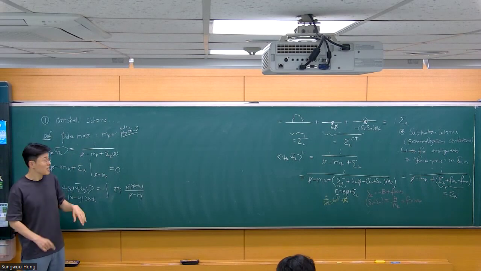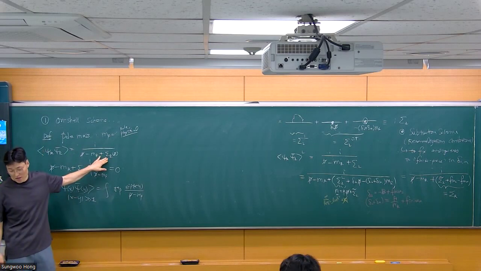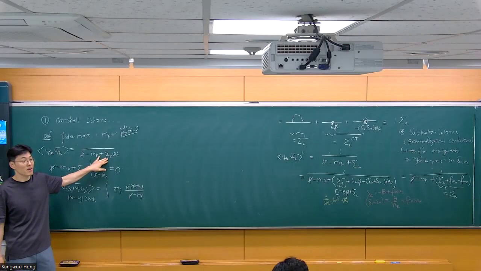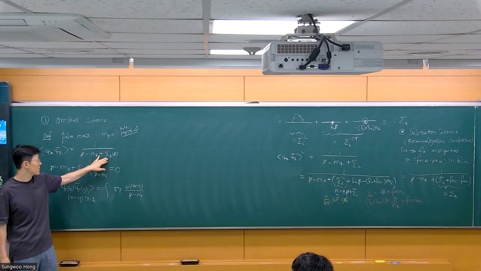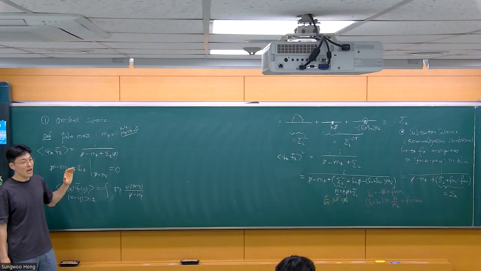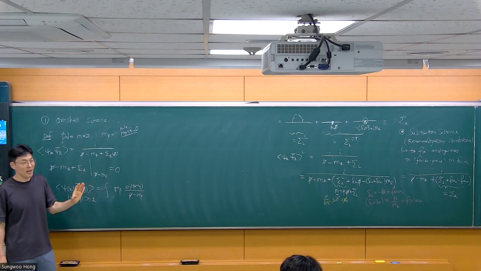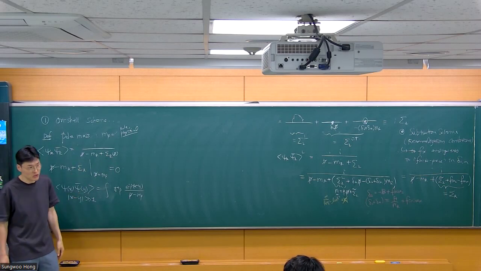So let me just say, this can, in principle, have an imaginary part, and I'm going to say a mysterious statement to you. That imaginary part, according to the optical theorem, is related to the decay process of the electron. Here I said I'm going to assume the electron is free and stable, by saying that there's no state into which the electron can decay. That's why I said the photon has a mass greater than m/2.